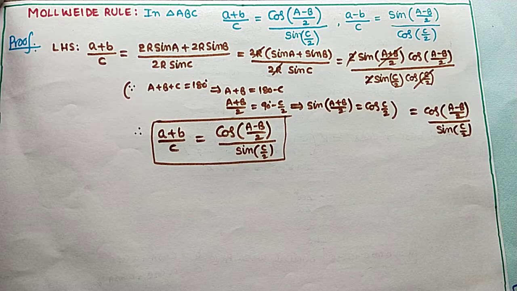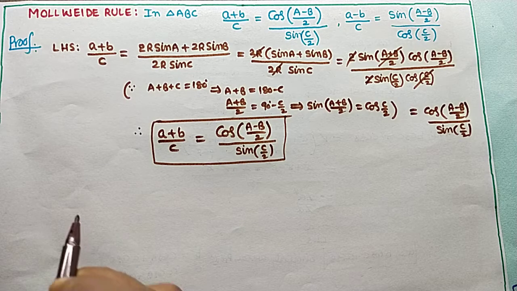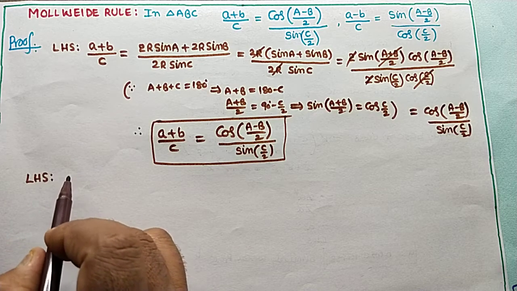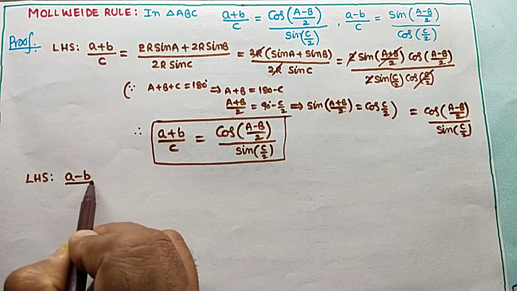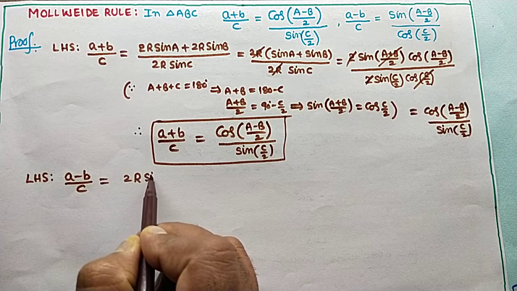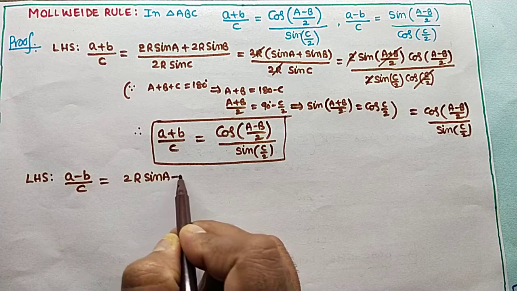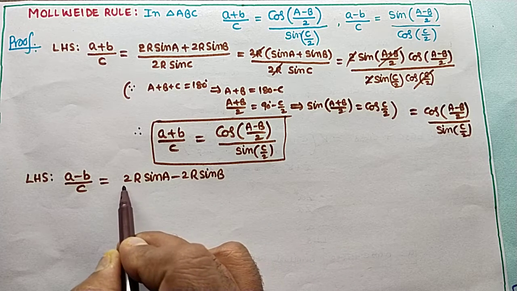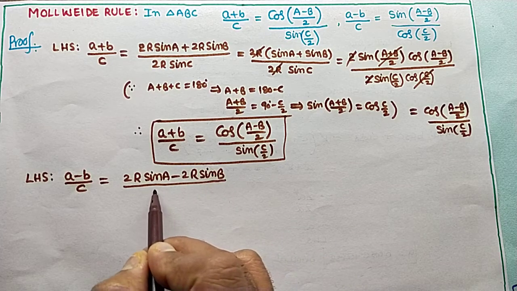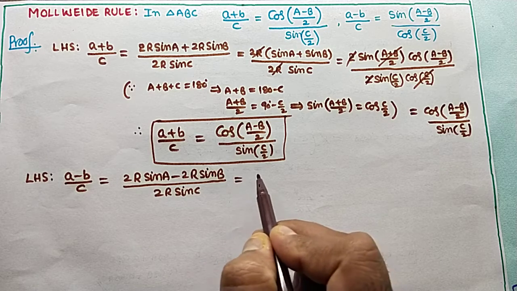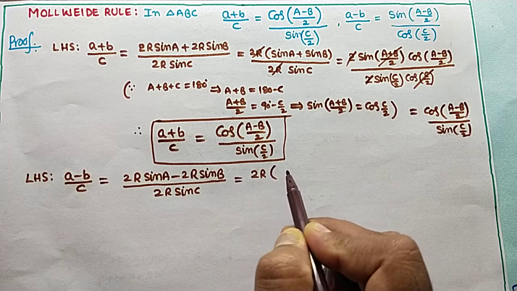Come to the second question in this Mollweide rule. In the second one, for the LHS, you have to consider (a minus b) by c. Same steps you have to follow: 2r sin A minus 2r sin B, divided by 2r sin C. Take common 2r from numerator and denominator and cancel it.